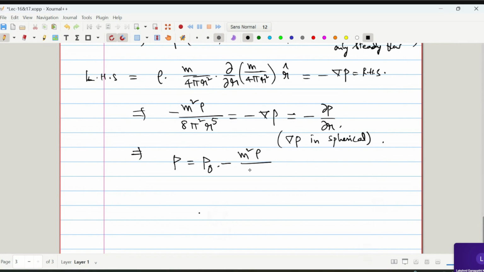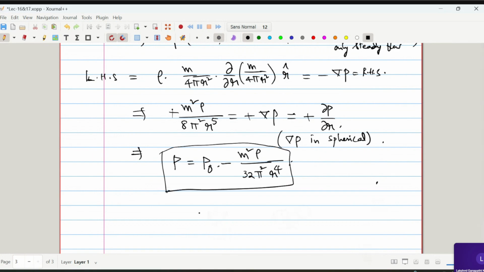You need 4, so another 4 you multiply and divide, so that you will have 32. I already cancelled the sign on both sides. Now you still get minus, that's why you're getting minus 32 times pi square R power 4.